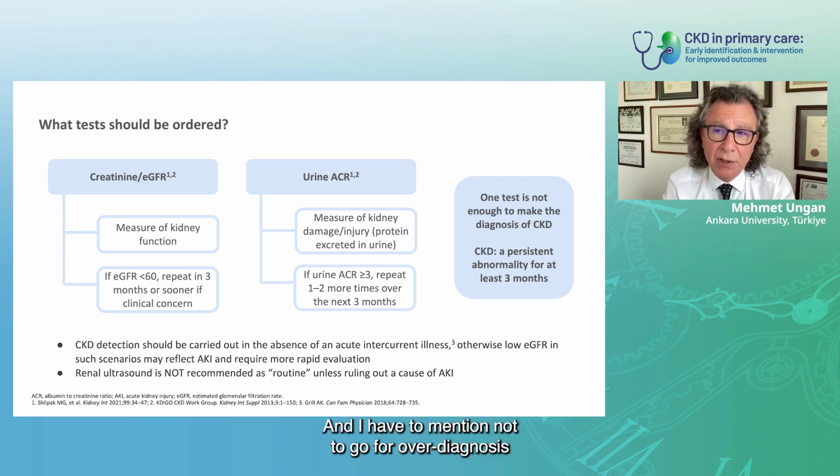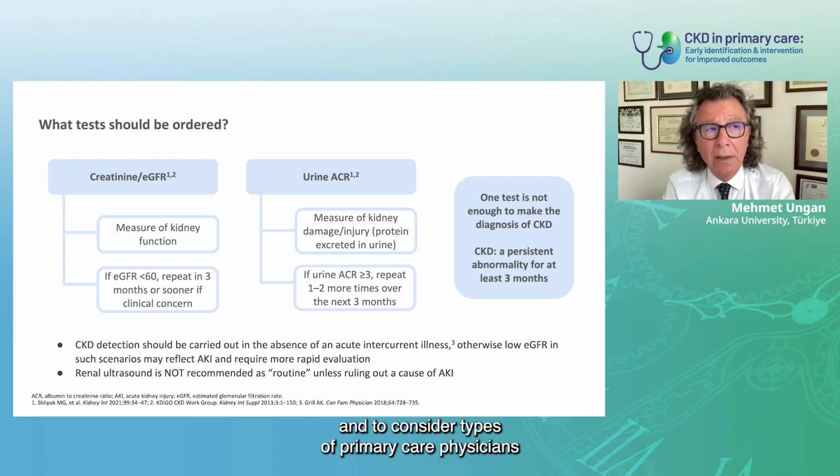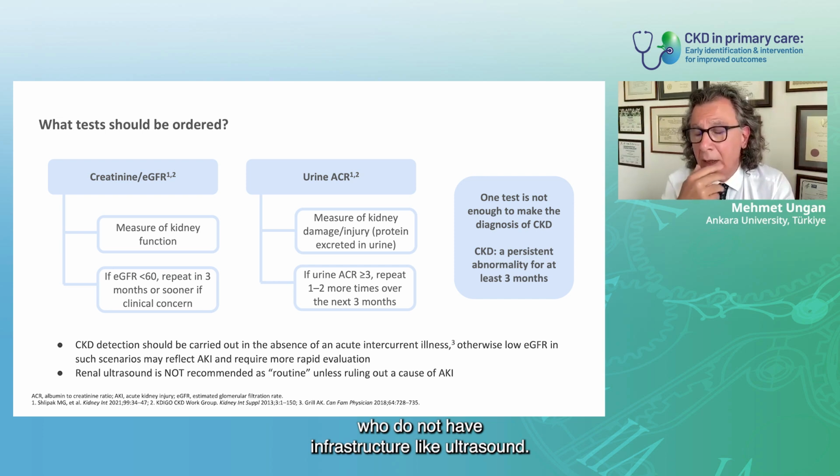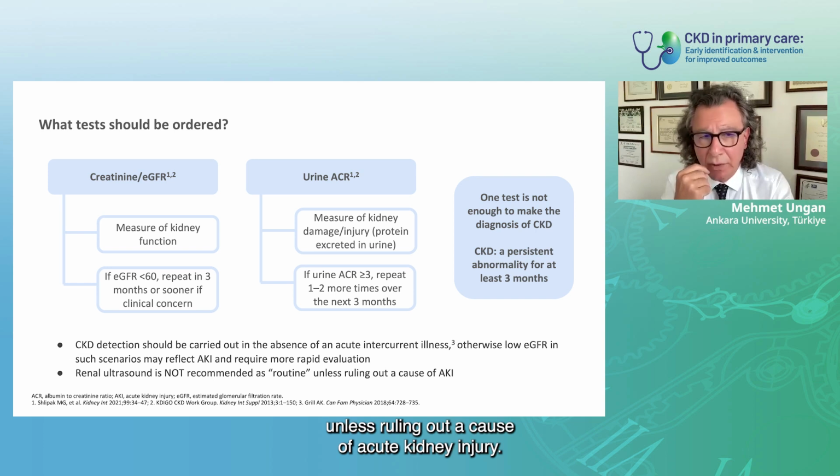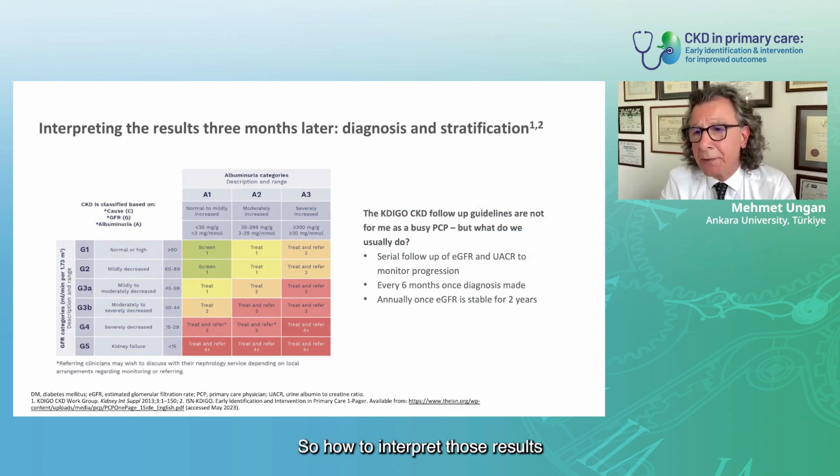And I have to mention not to go for overdiagnosis, considering some primary care physicians who do not have enough infrastructure like ultrasound. Routine use of ultrasound is not required unless ruling out a cause of acute kidney injury. So how do we interpret those results when we get the test results?